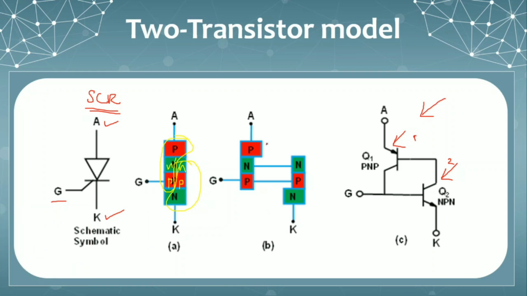The same thing I have divided here. So this is PNP and this is NPN. Right? This is the PNP transistor, this is the NPN transistor. Now I will write the circuit of the same thing.